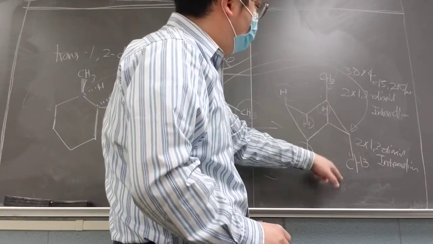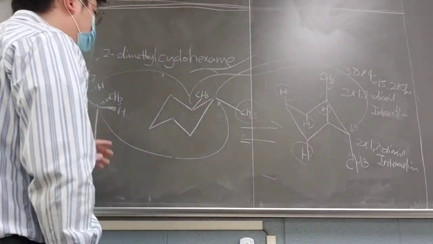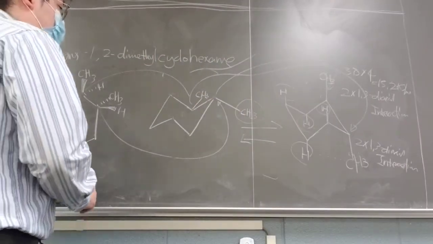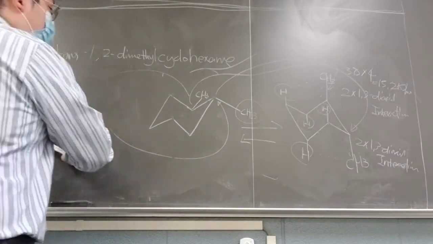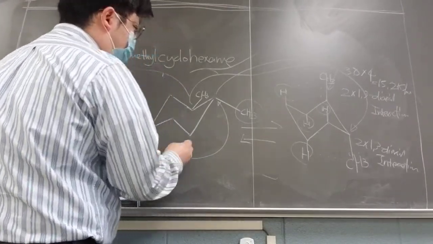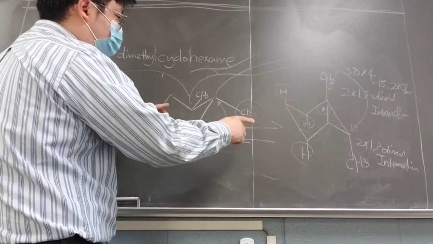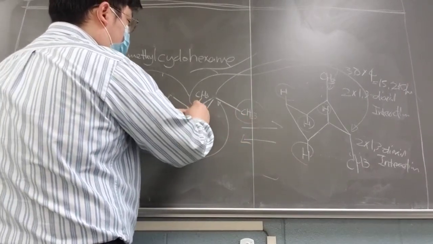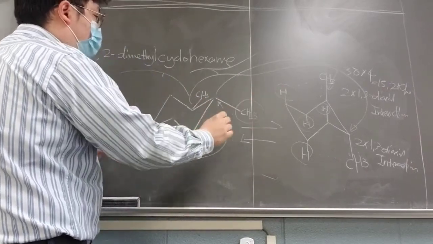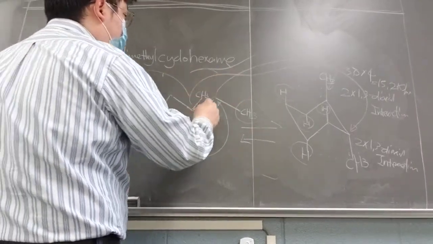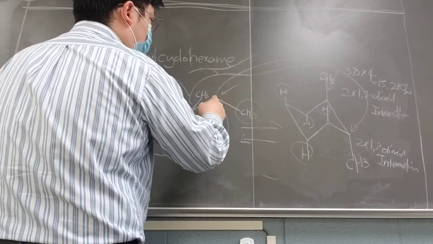It says up and down, so this is obviously trans. So that's a lot of energy they need to overcome this discomfort. But here, they don't have any axial position because it's equatorial up, equatorial down. There's no axial position. So there will be no 1,3-diaxial interaction, but just one thing once again. Okay.